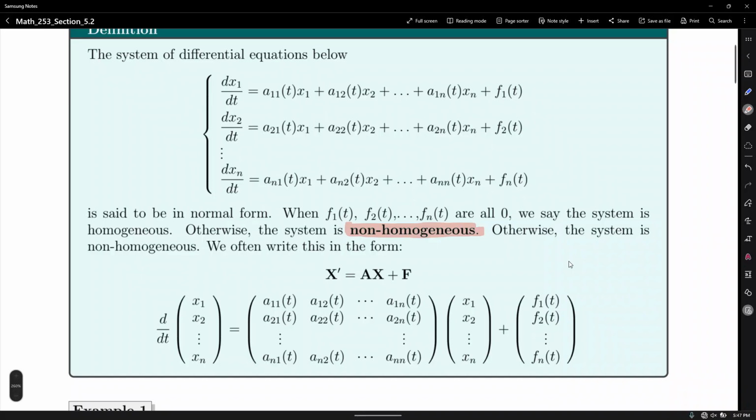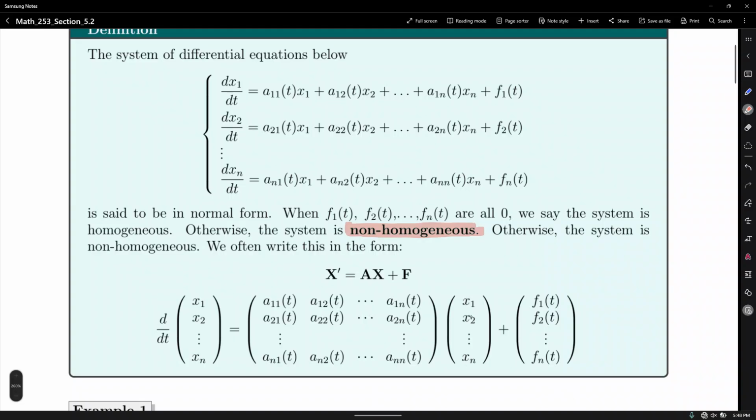So now, that means this bold X, notice the bold case notation. That's because these are matrices, which are sets of vectors. So a matrix equals the product between two matrices plus another matrix, where in this case, this x prime is the derivative of all the variables involved in the system, the coefficient matrix A, which you guys are already familiar with, and those coefficients could be numbers or functions of t.